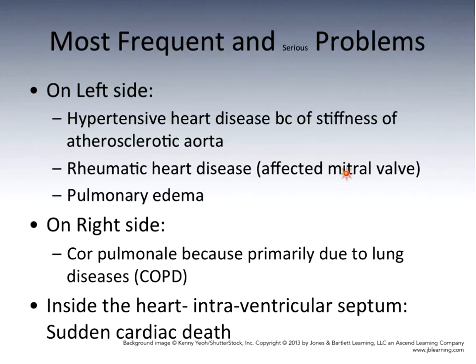So if the heart is suffering, the lung is suffering secondarily, and vice versa. If the heart is primarily affected, the lung will be secondary, and that would be in chronic heart failure, we will see later. And vice versa, cor pulmonale: when there is COPD, for example, the right side will suffer. So those two are interrelated.